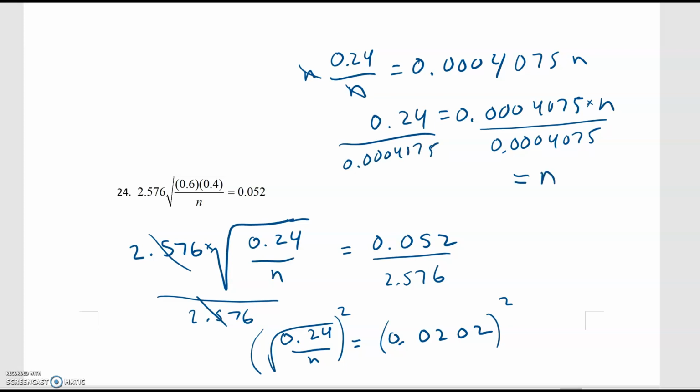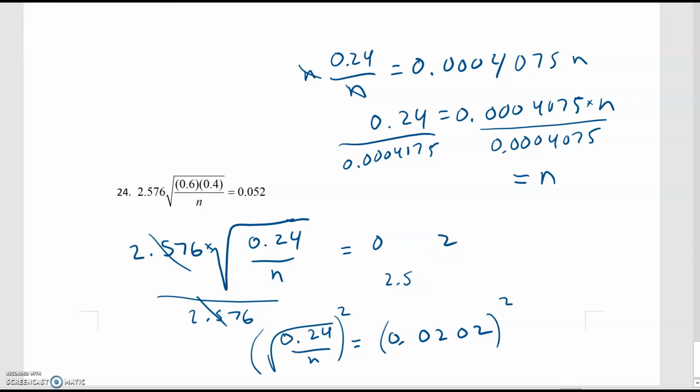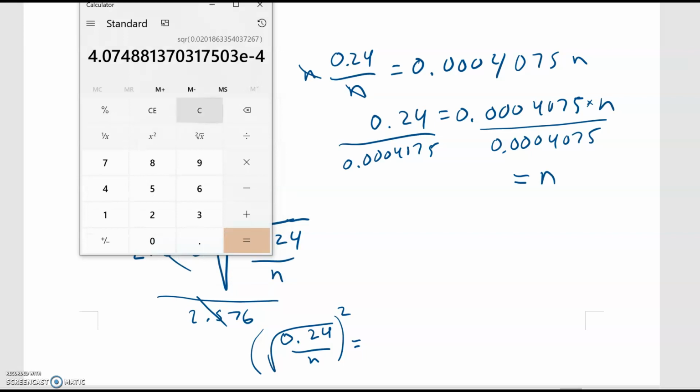All right, so let me erase. I'm running out of space here. Let's erase all this down here. Okay, let's get out our calculator one more time. I'll just press clear here. So I've got 0.24 divided by 0.000407, which is 588.957.